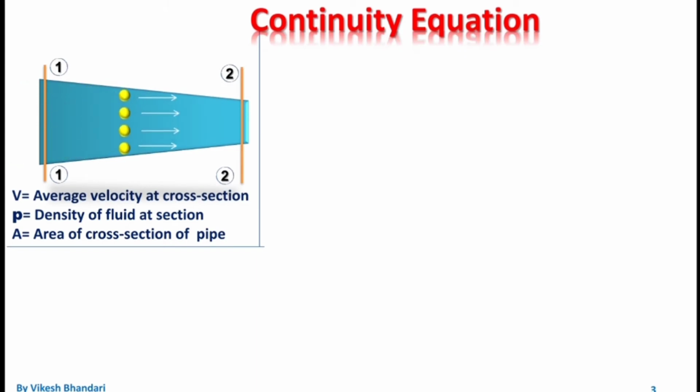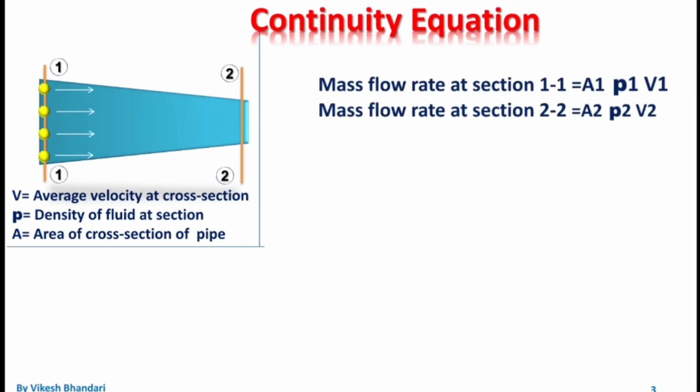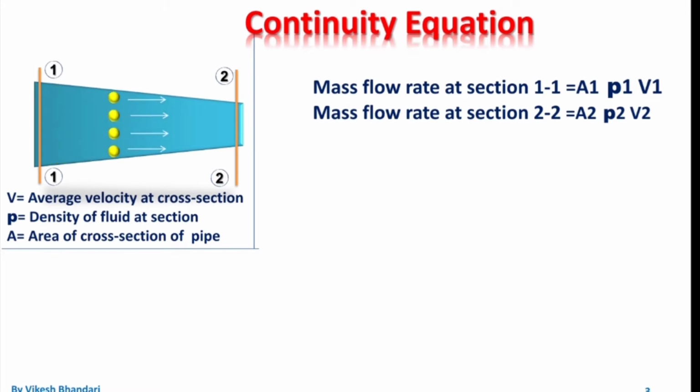Okay. As we know, the mass flow rate at section 1 is rho 1 A1 V1, and the mass flow rate at section 2 is rho 2 A2 V2.